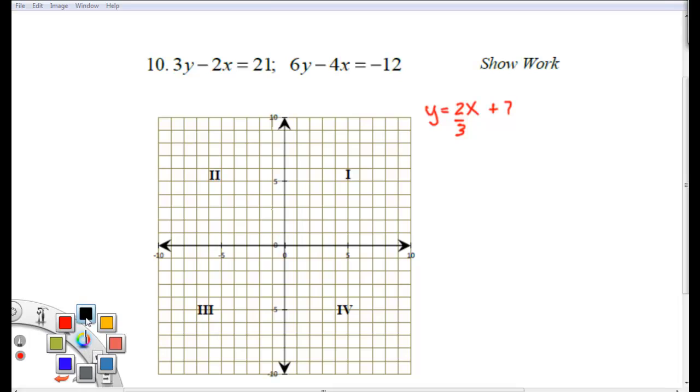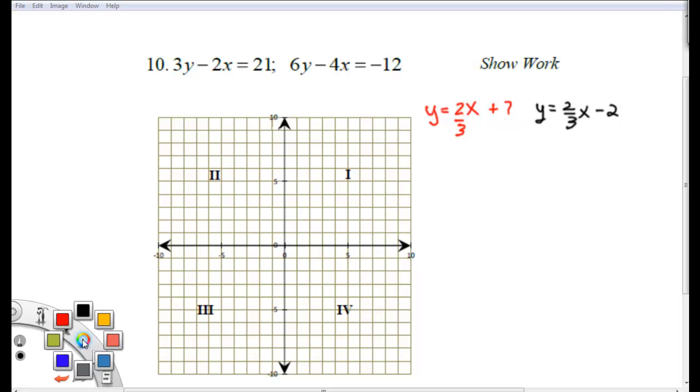Now for equation B, y equals, the negative 4x will add to each side and give me a positive 4. Now when I take 4 and divide it by 6, that will simplify to 2 over 3, so that'll be 2 over 3x. And now I'm going to take 6, divide it into a negative 12, and I'll get a negative 2. So those are the two equations I need to graph.